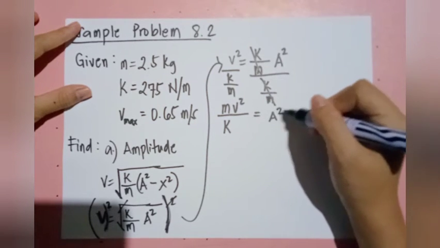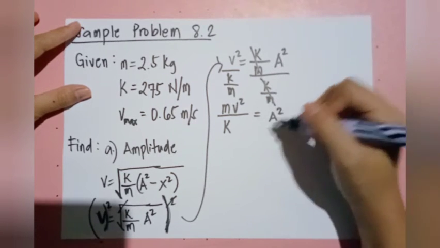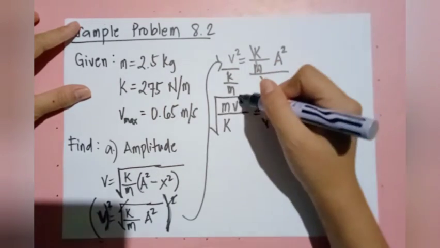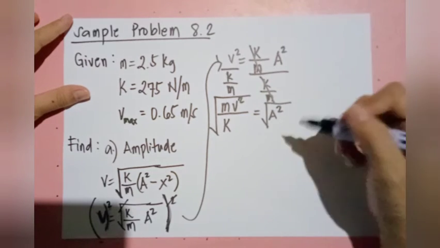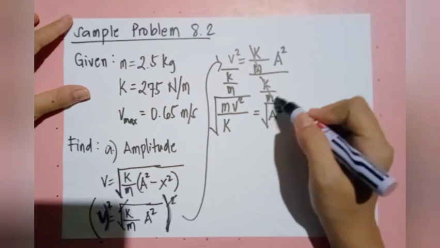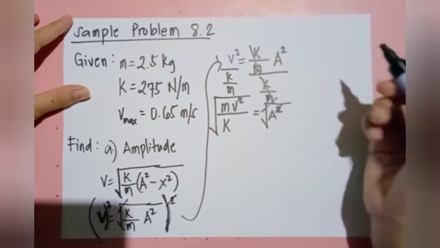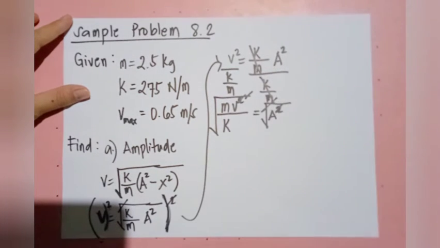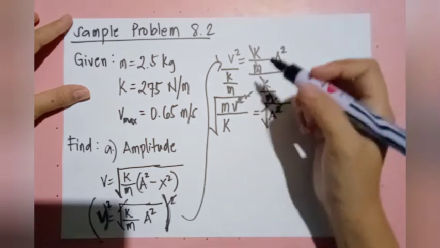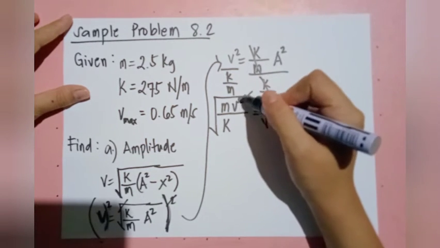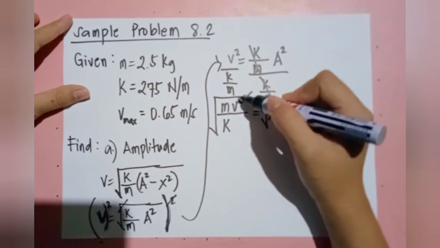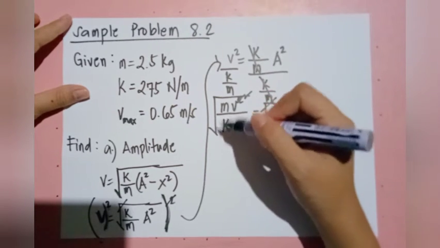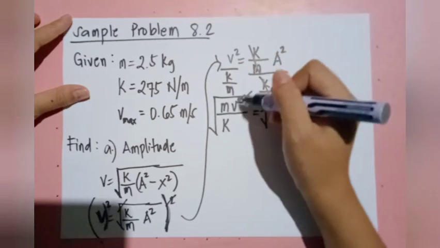Since there is still a remaining exponent here, we have to extract the square root of each side. So only the exponent of v squared is cancelled. M and k are still enclosed under the radical sign.